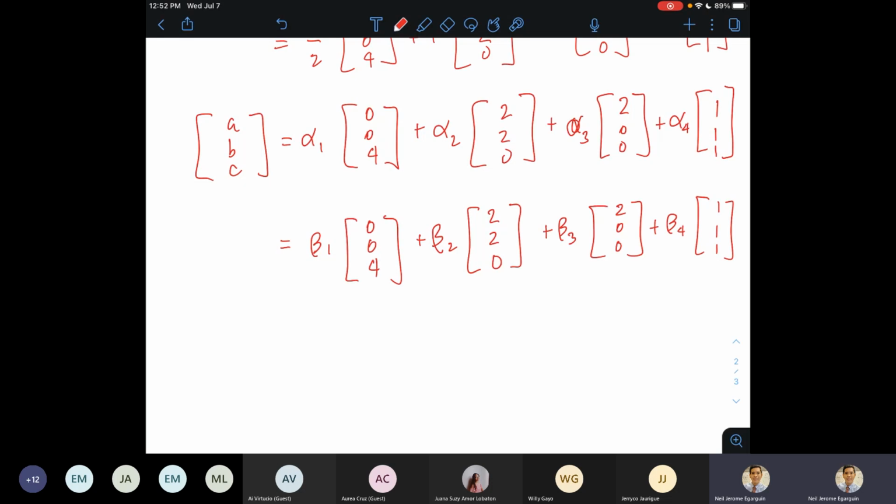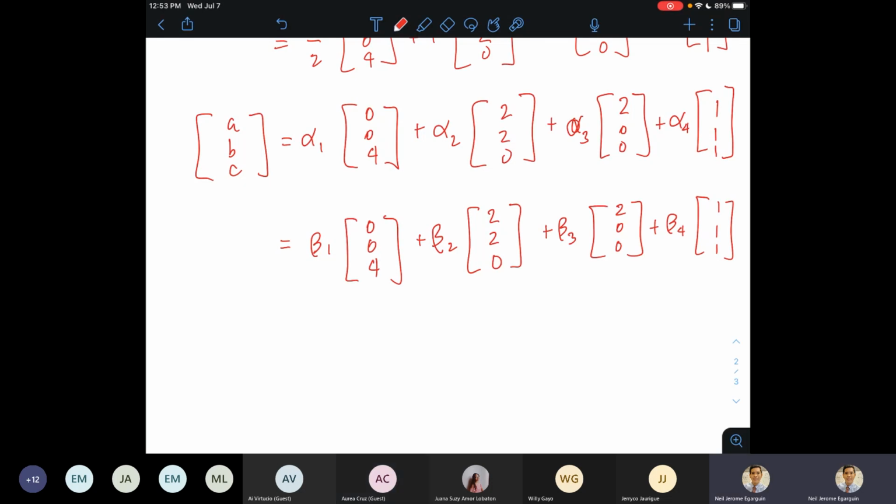The problem here is that if I try to do it as a system of equations, I'll show that the system doesn't have a unique solution. But here I will have a pair of systems of equations.